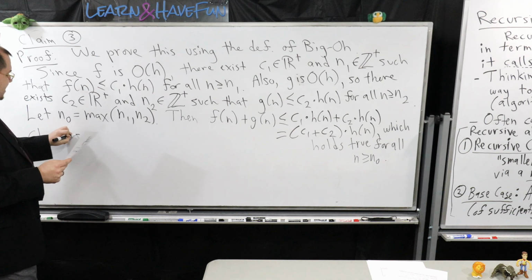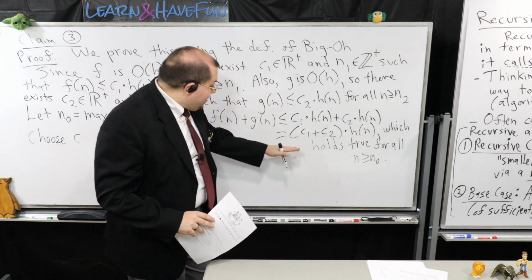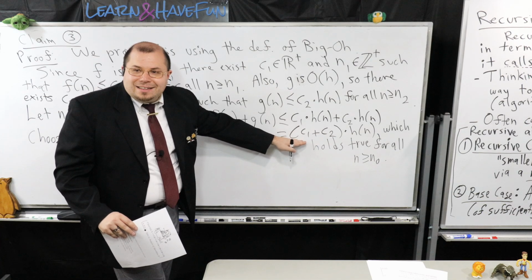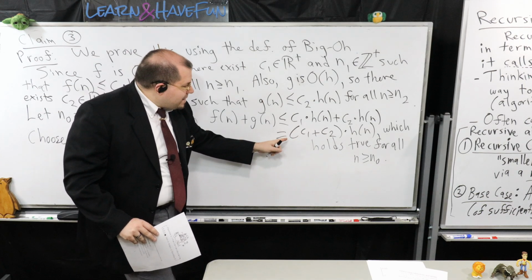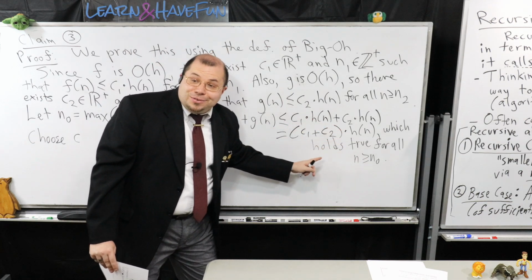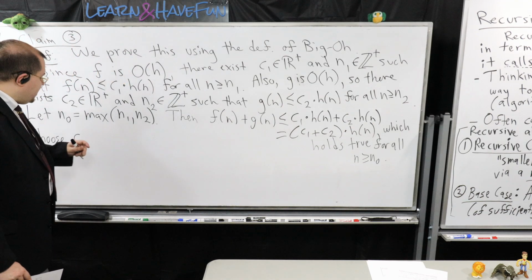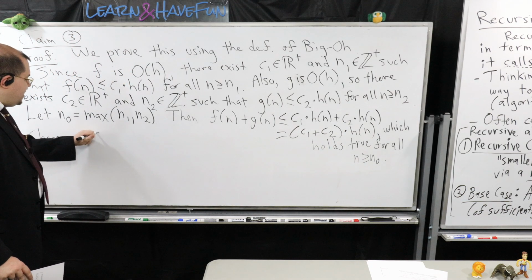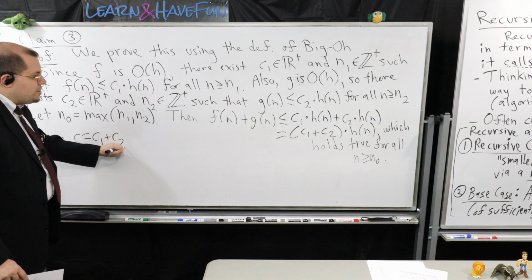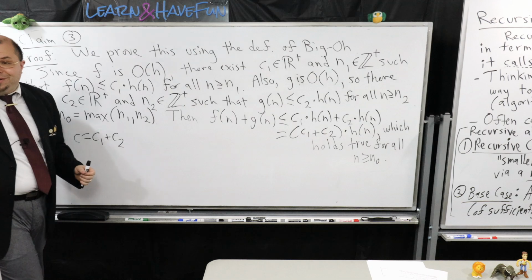Notice that I've created a new c out of the other two constants, right here. If I make c equal to c1 plus c2, and I wrote a c right here, you'd see right away that this is just the definition of big O, right?